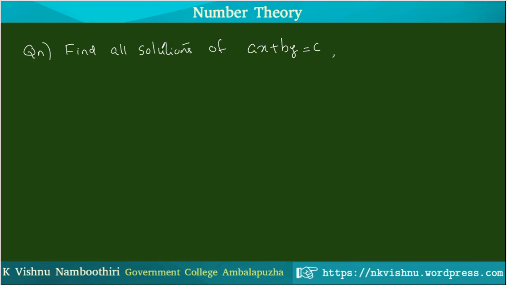Since we need integer solutions, we should clearly mention that this is a linear Diophantine equation. By all solutions of the linear Diophantine equation ax plus by is equal to c, and for simplicity we are assuming that a and b are natural numbers.